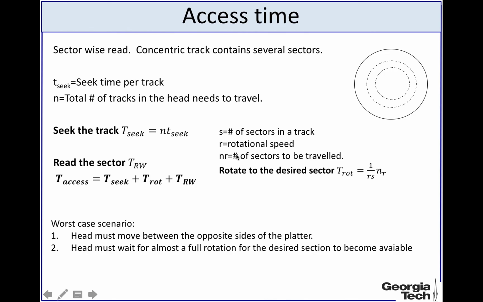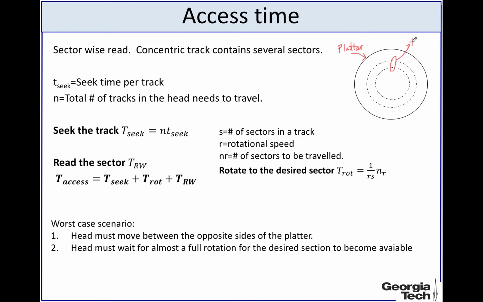All right. So now let's look into how the data is read from a magnetic hard drive and what the access time depends on. So first thing to note is that this is the platter, this solid line represents the boundary of the platter, and this platter is divided into multiple tracks.